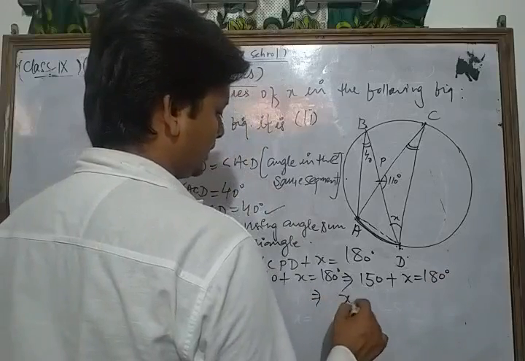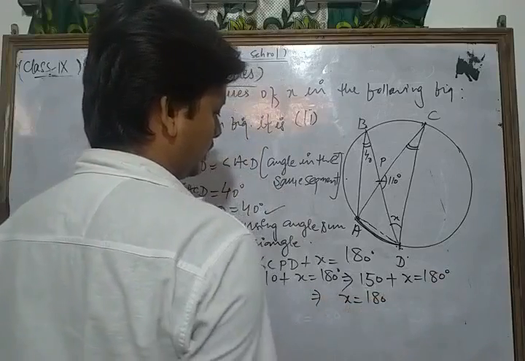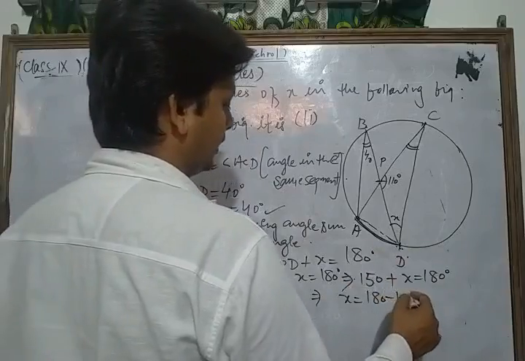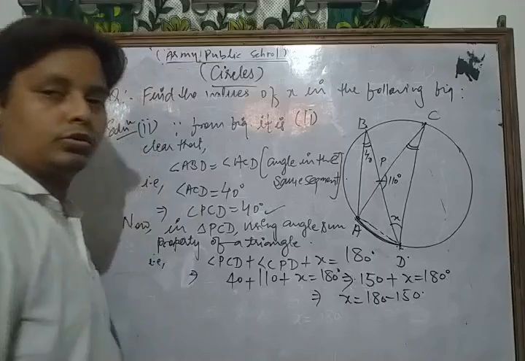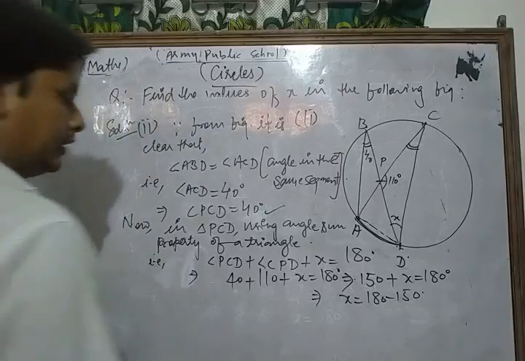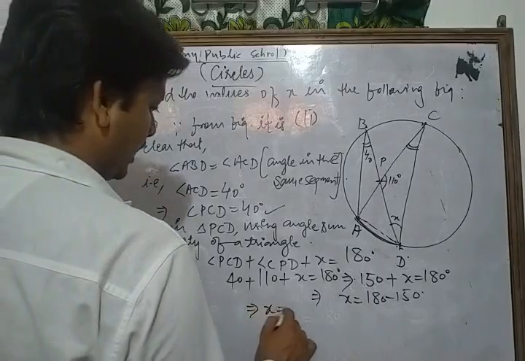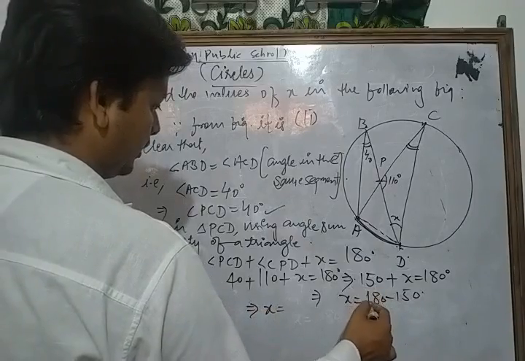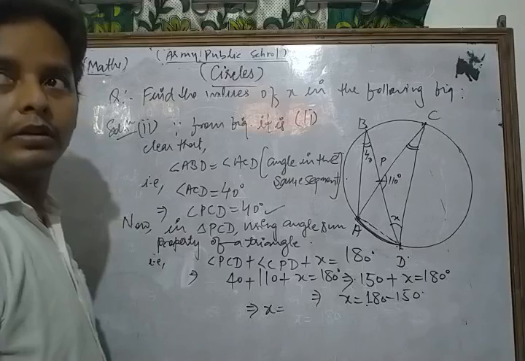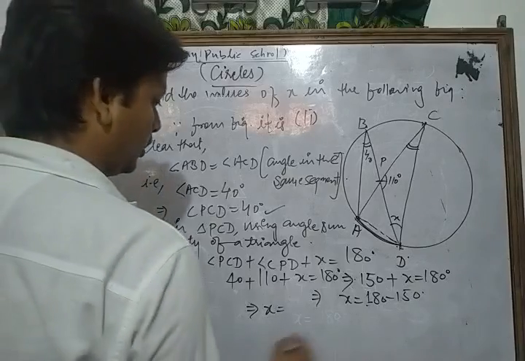So X is equal to 180 minus 150, so the value of X is 30 degrees.